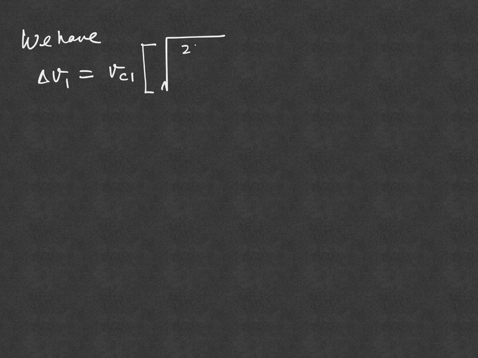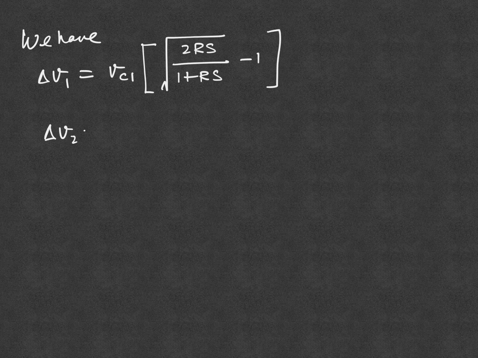So we have delta V1 is equal to VC1 times the square root of 2RS all divided by 1 plus RS minus 1.